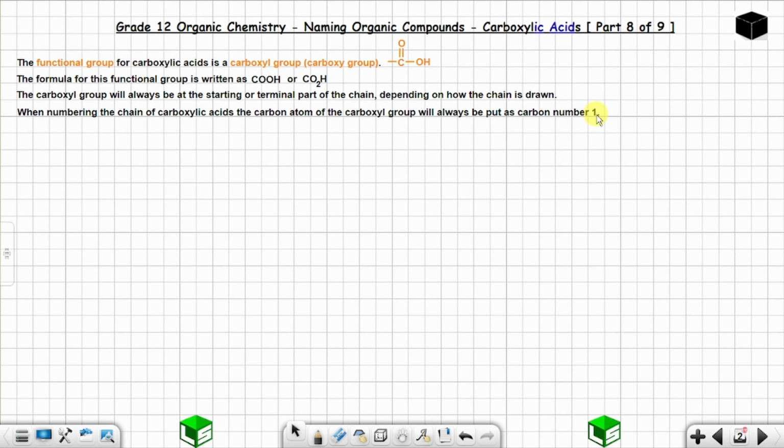And the suffix to use for the parent name is oic acid. So I have 2 examples that we are going to see.